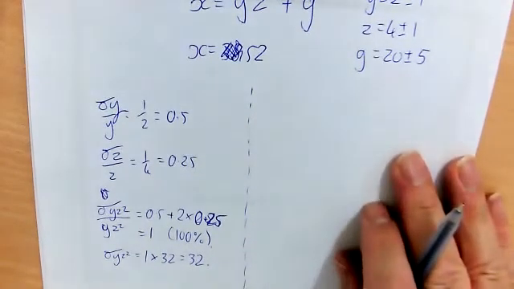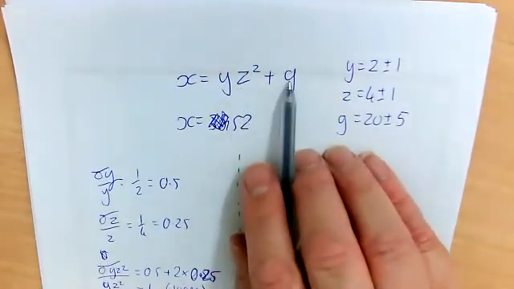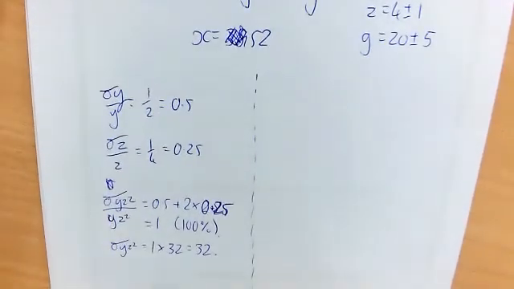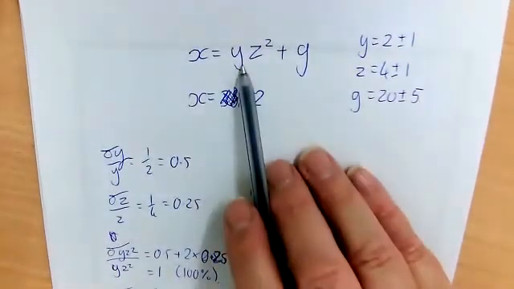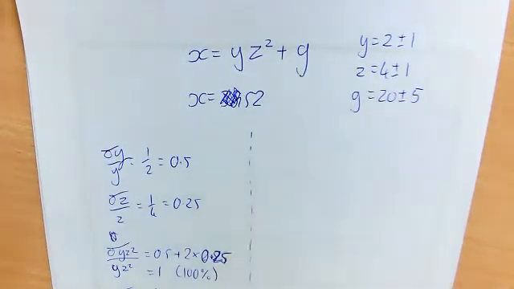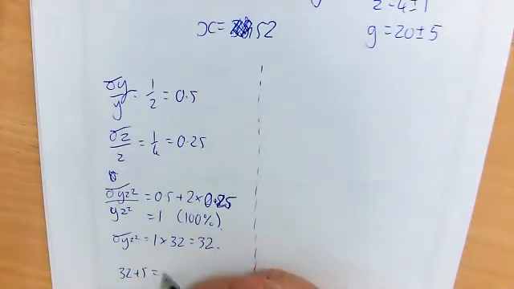Okay, so if you've got two terms being added together, you just add their absolute uncertainties together. So the absolute uncertainty in y z squared is 32. The absolute uncertainty in g is 5. So 32 plus 5 gives you 37.